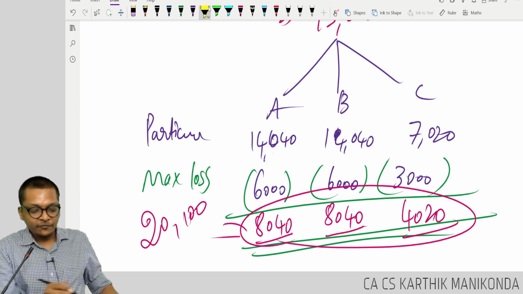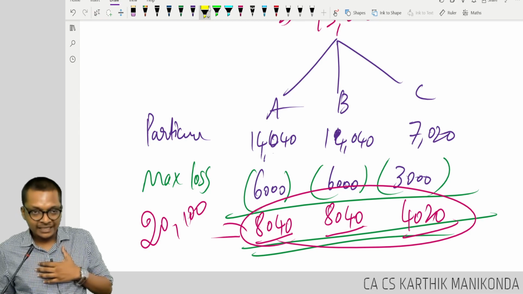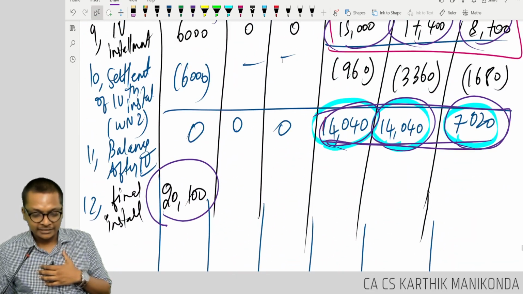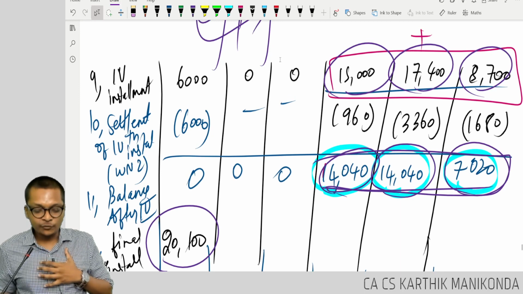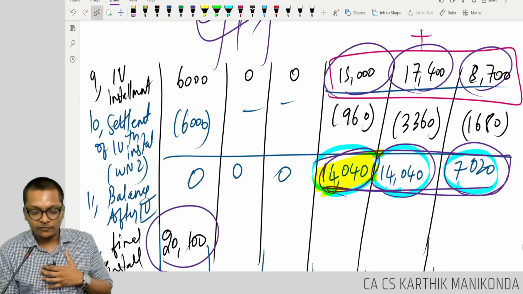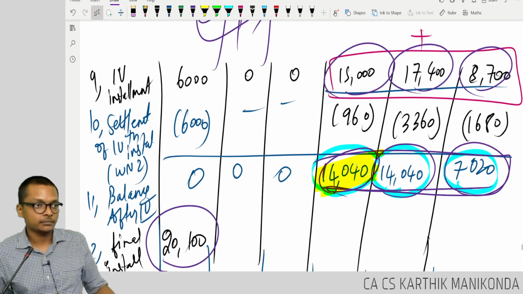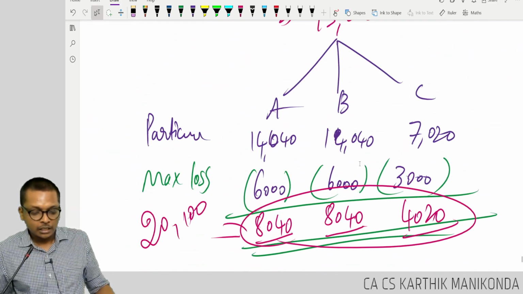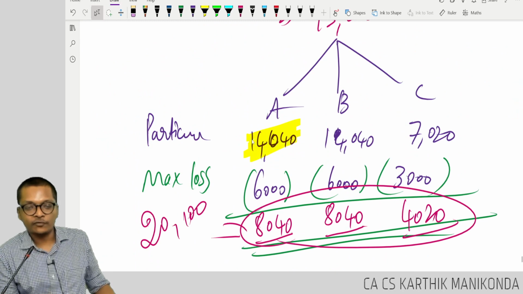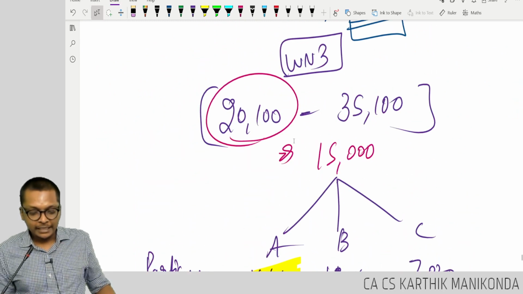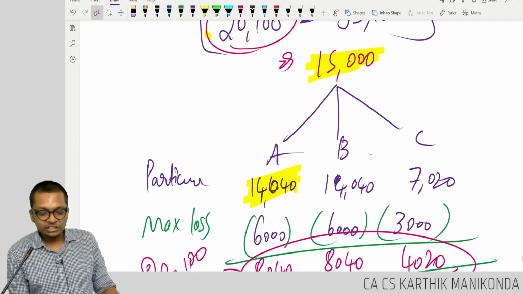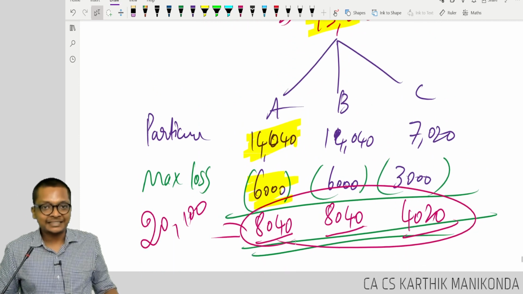20,100. Let me repeat for A, guys. Look at this. For A, I'll be slow here. For A, I have to pay 14,040. That is the payable after the previous installment. But I have to pay him 14,040. I have only this much, so my loss is 15,000. If I split the loss, A's share of loss is how much? 6,000.